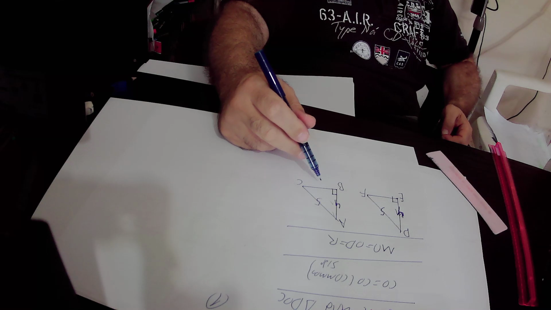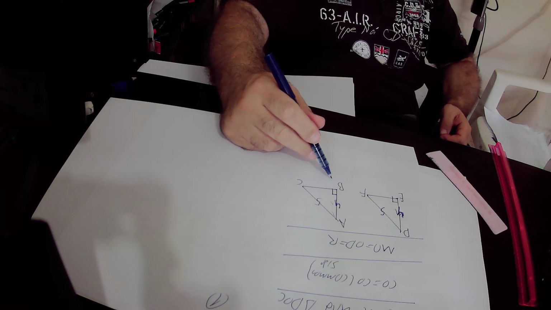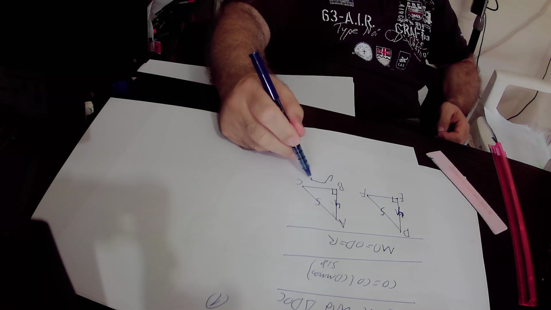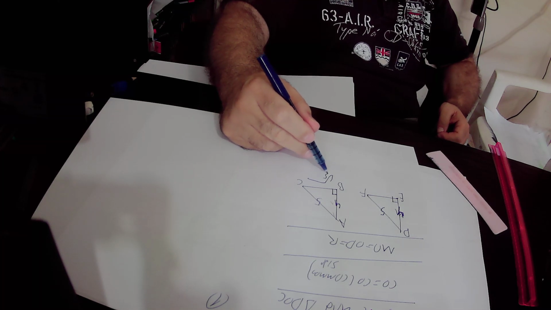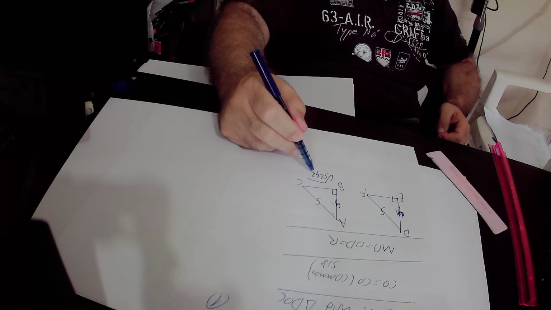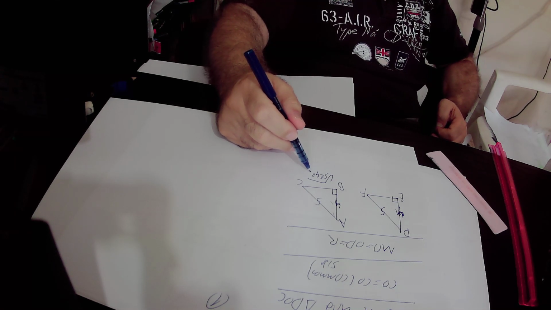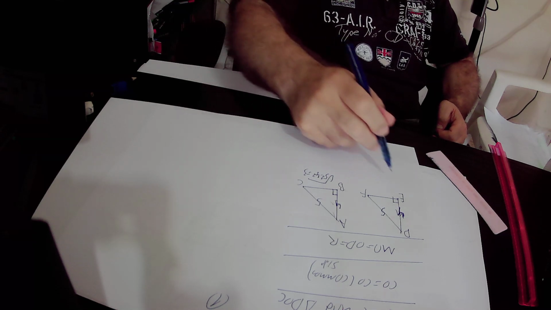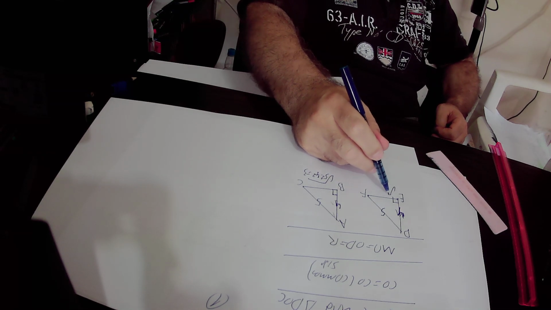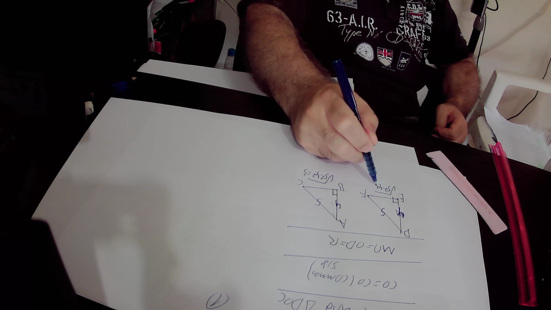Why? Because the third side, according to the Pythagoras theorem, will be equal to the square root of 5 squared minus 4 squared. 5 squared is 25, minus 4 squared, that is 16. 25 minus 16 is 9, and the square root of 9 is 3. Here also EF will be equal to the square root of 5 squared minus 4 squared, that is 3.